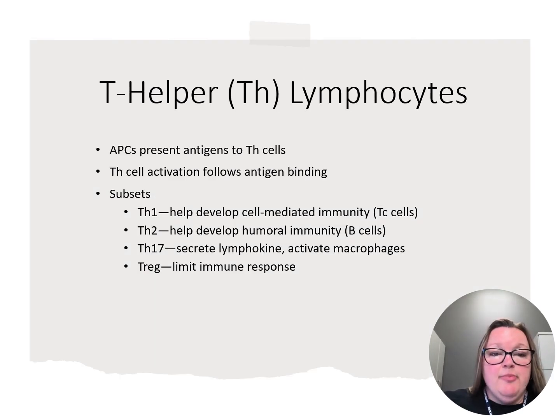T helper lymphocytes. We have talked about the TH lymphocytes a few slides back. These are lymphocytes that recognize exogenous antigens and are presented by the MHC class 2 molecules on the antigen presenting cells. But before the cell is activated, a few things need to happen first. First, the antigen has to be recognized and bound at the receptor of the TH cell.